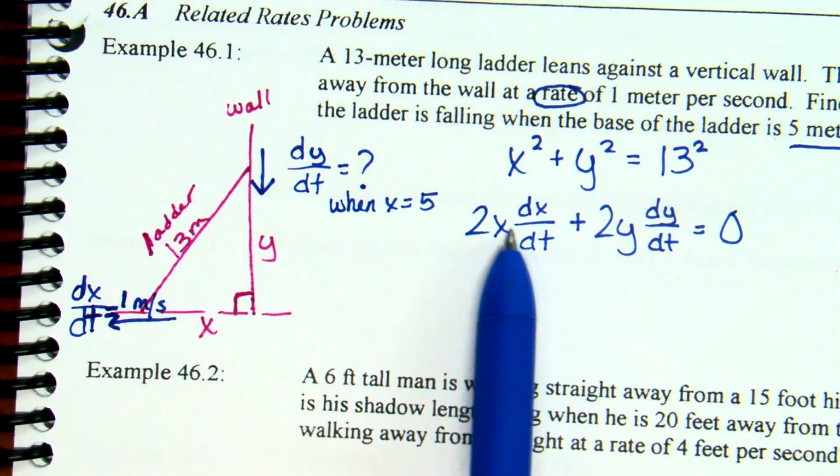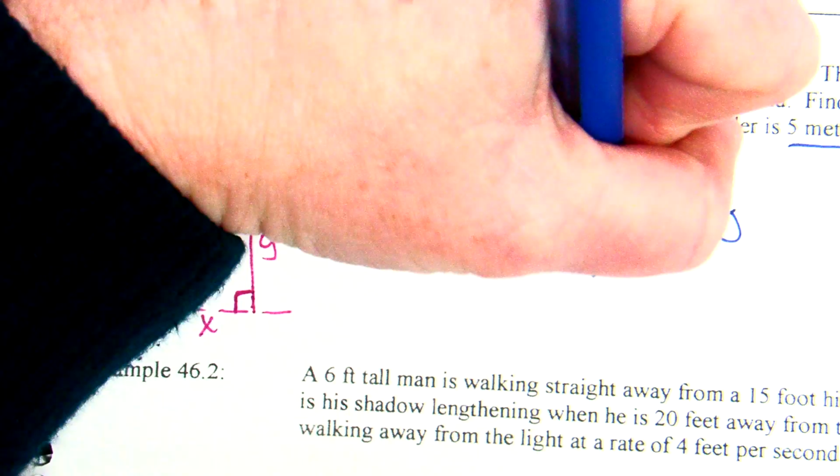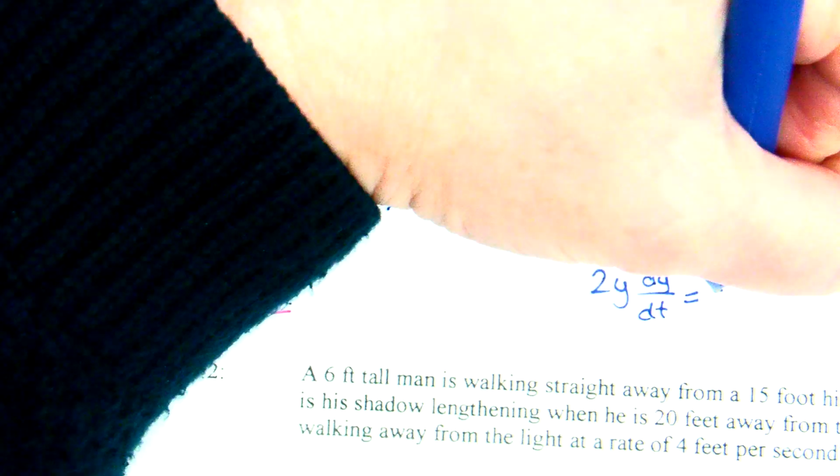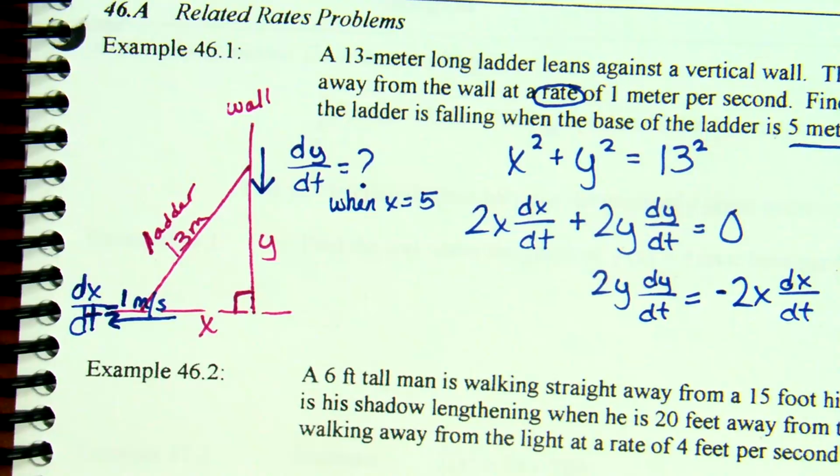How do I move my other term? We're going to subtract the 2x dx/dt over. So I have 2y dy/dt equals negative 2x dx/dt.